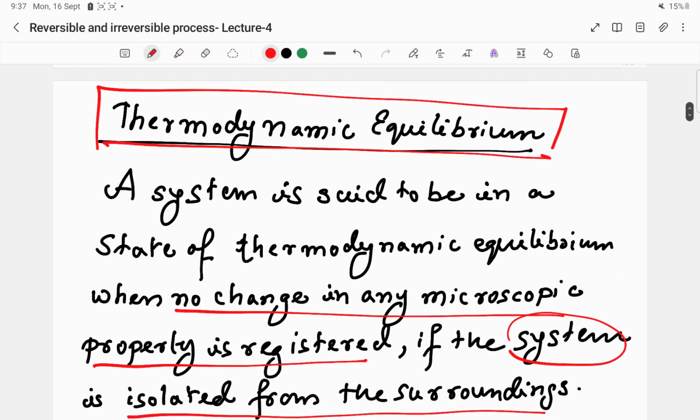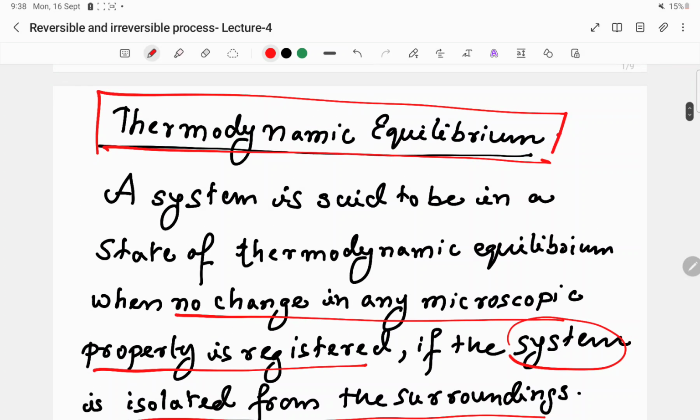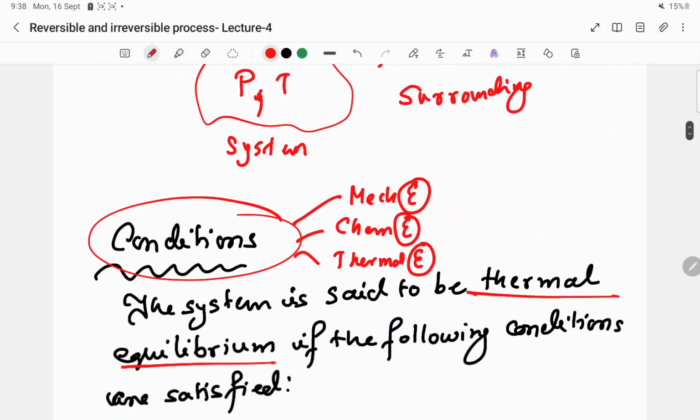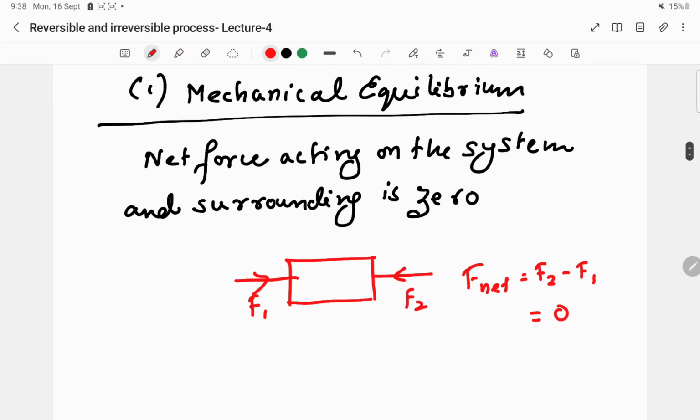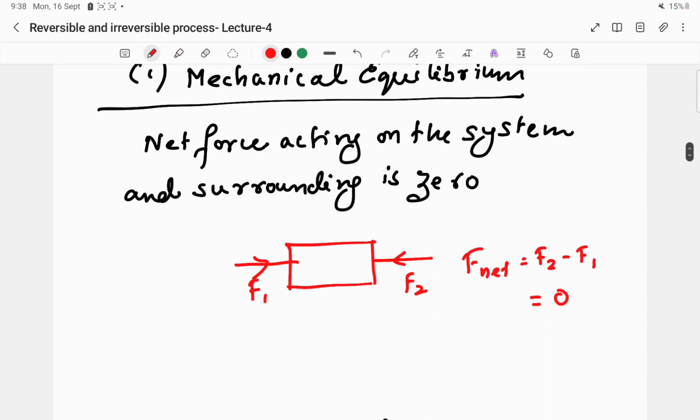So this topic is thermodynamic equilibrium. It has three conditions. First one is mechanical equilibrium, then chemical equilibrium, and then comes thermal equilibrium. So mechanical equilibrium is nothing but balancing of the forces, or the net force acting between the system and the surrounding is zero. We can also understand it this way.